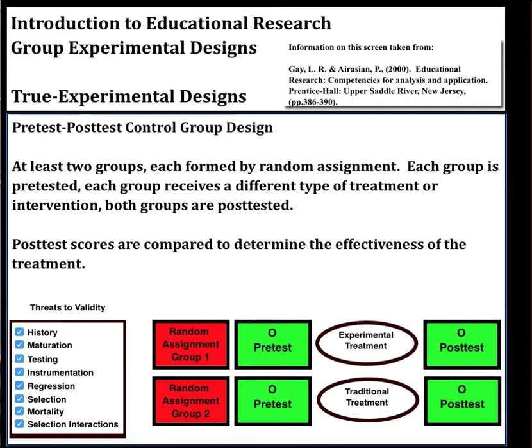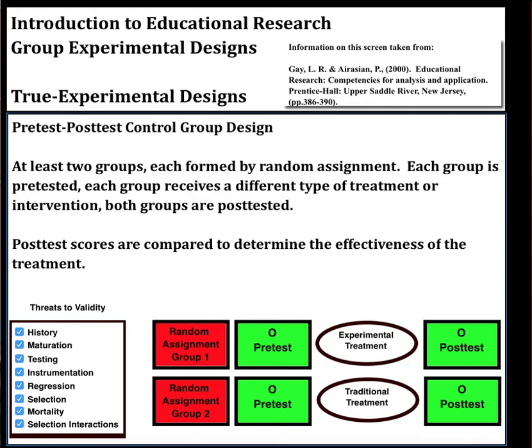The pretest is used to see if the groups are essentially the same on the dependent variable at the start of the study, in this case, the quality of their written composition. Then the experimental group is instructed using computer-assisted instruction, while the control group receives the traditional instruction. Post-test scores of both groups are compared.